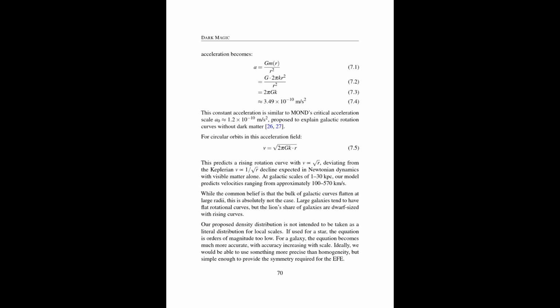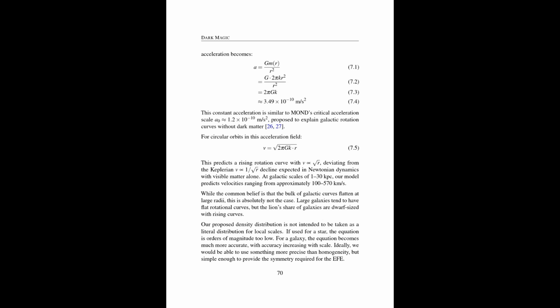This predicts a rising rotational curve with v proportional to the square root of r. Deviating from the Keplerian decline, v proportional to 1 over the square root of r, expected in Newtonian dynamics with visible matter alone. At galactic scales of 1 to 30 kpc, our model predicts velocities ranging from approximately 100 to 570 kilometers a second.